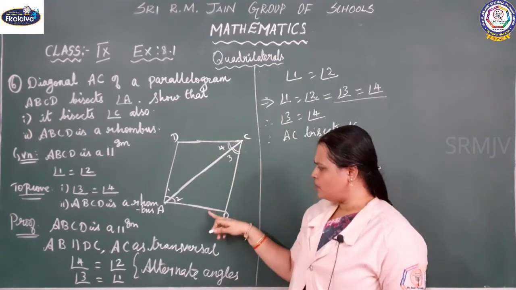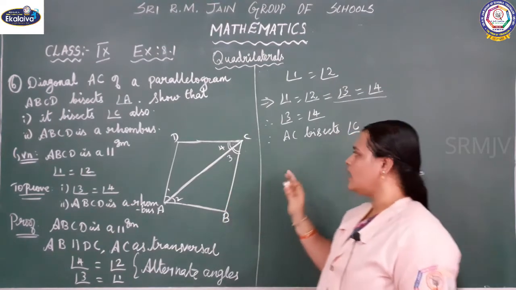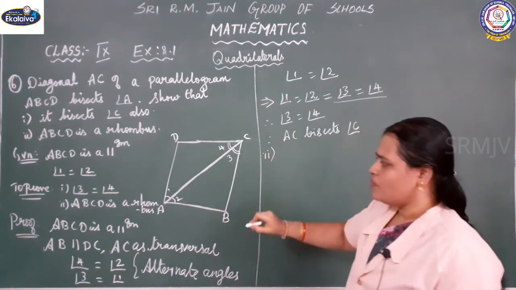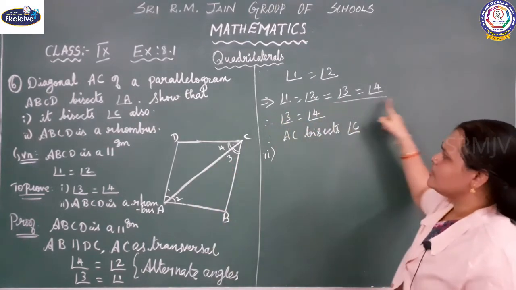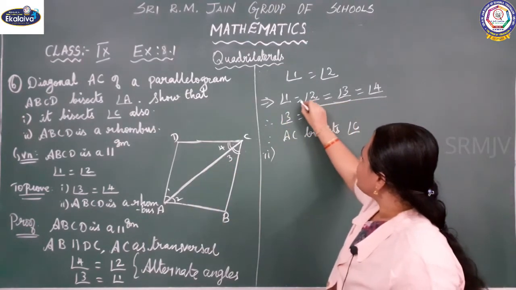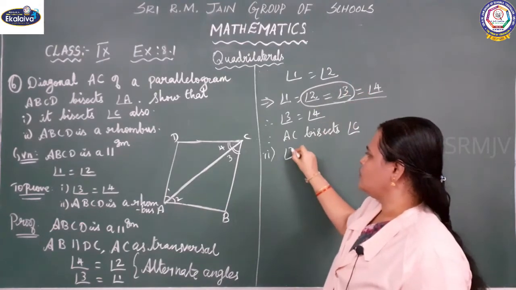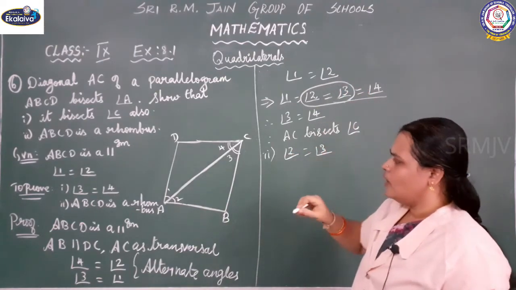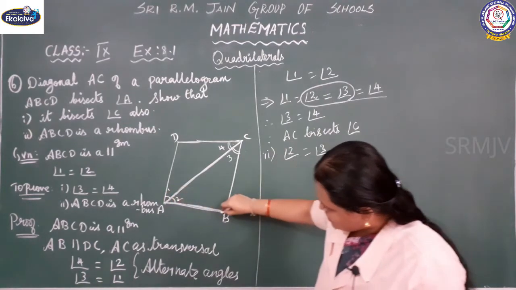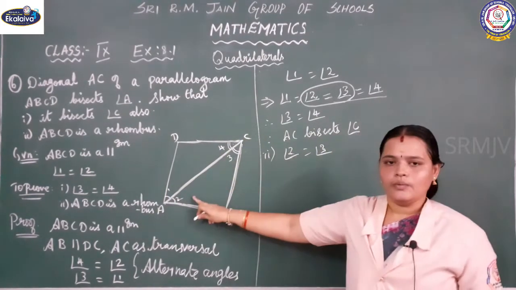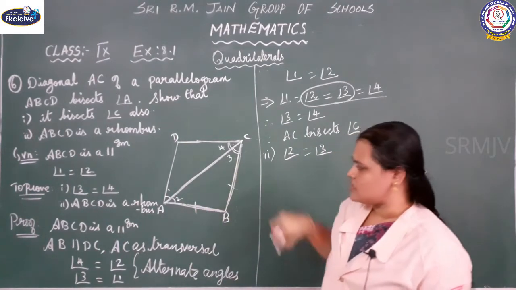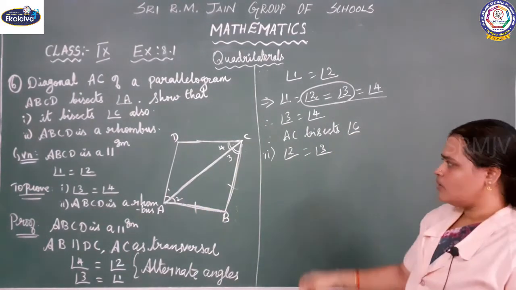Second part, we need to prove that these two adjacent sides are equal. To prove this, we know already that angle 2 is equal to angle 3. Since all these angles are equal, I am going to take this equality alone: angle 2 is equal to angle 3. Look at this triangle ABC alone. If these two angles are equal, what about the opposite sides? Opposite sides are also equal.